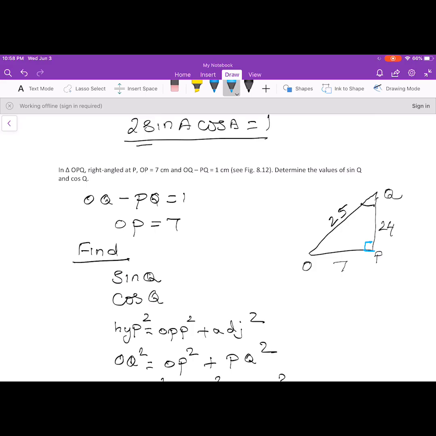I have to find out PQ and OQ, which I don't know.